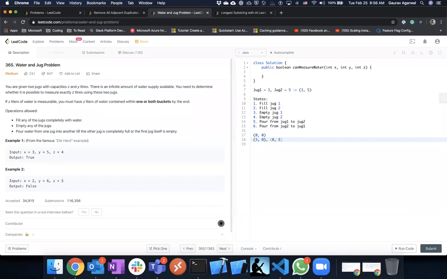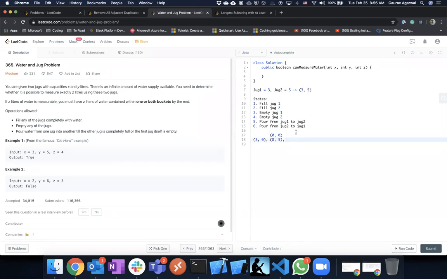If we empty jug 1, we will still be at 0 0, because we are starting with 0 0. So from this state, these are the substates we are trying to reach. We cannot do this operation because the jug is already empty.